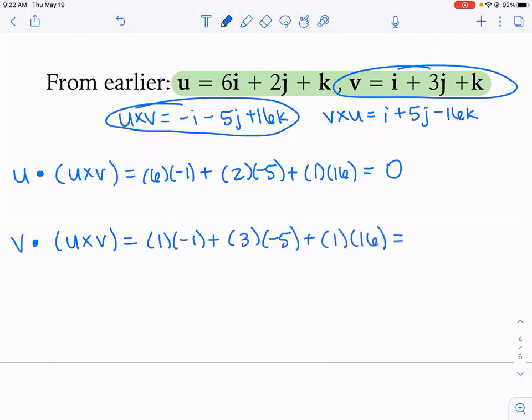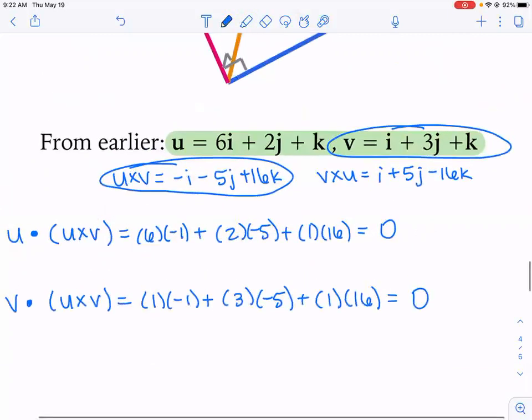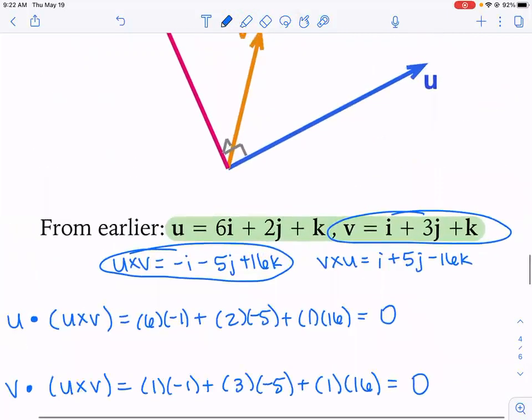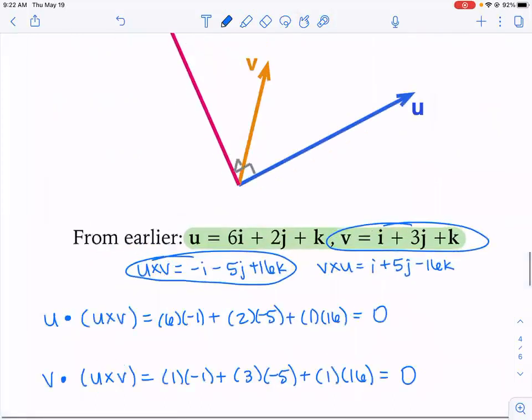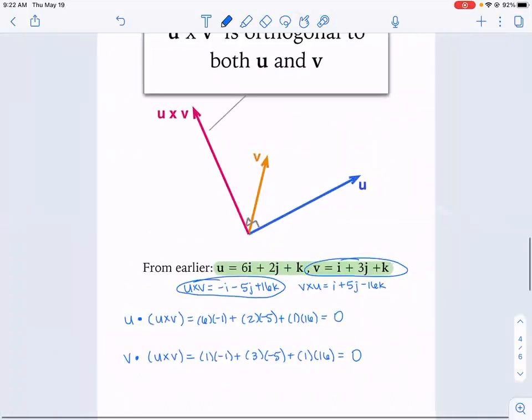What do we get? Which we should. No matter what I do, if I take the cross product and I dot it with one of the other original vectors, we're going to get a dot product of 0 because our vectors are orthogonal to the cross product. Sweet.